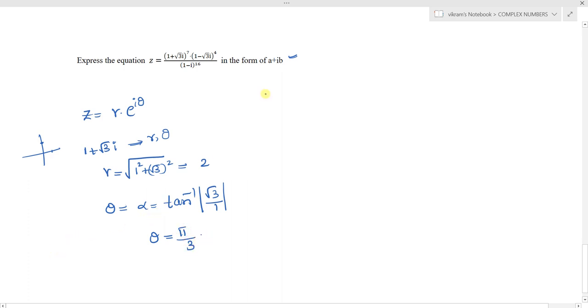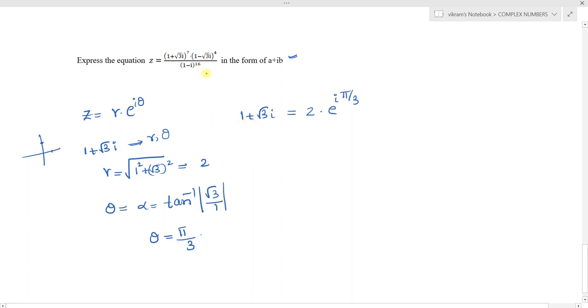So we can write 1 plus root 3i using Euler's formula as 2 into e power i pi by 3. The first one is over.